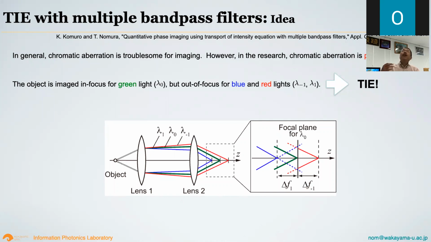But for another wavelength, blue one and red one, out of focus because the lens has chromatic aberration. Green for in focus, blue and red for out of focus. So we can apply TIE to these images. This is an idea. It's a very simple idea for multi-bandpass filters TIE.